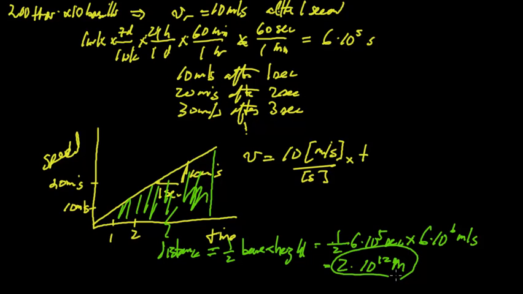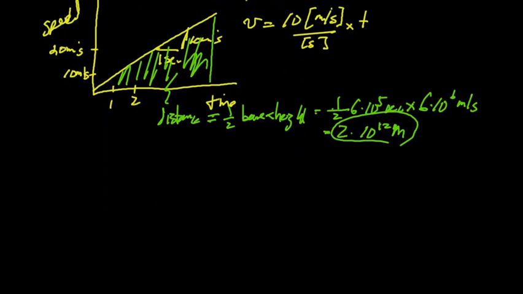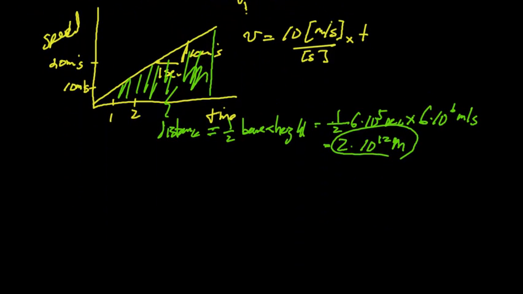Now, what if I asked, how long will it take me to go somewhere? Well, then what I have is, I have this point here is some unknown time, which means that this is also unknown. I won't have that number, but I can still figure it out.